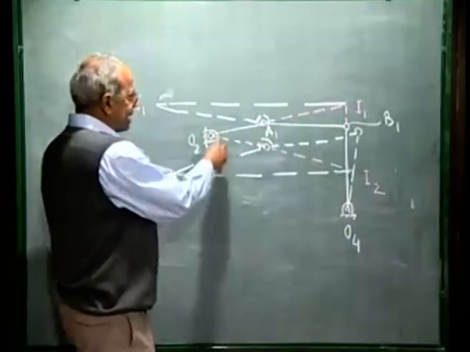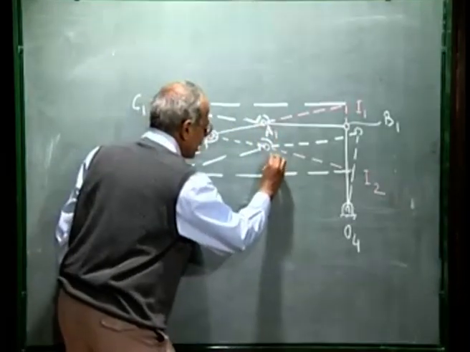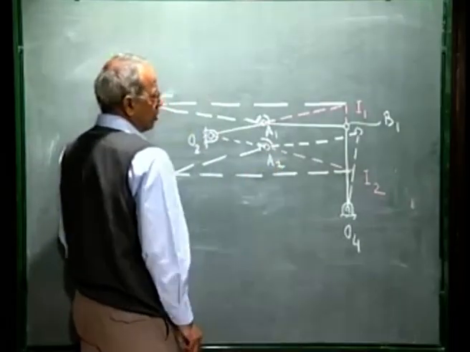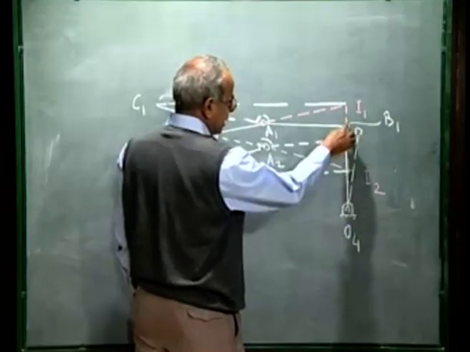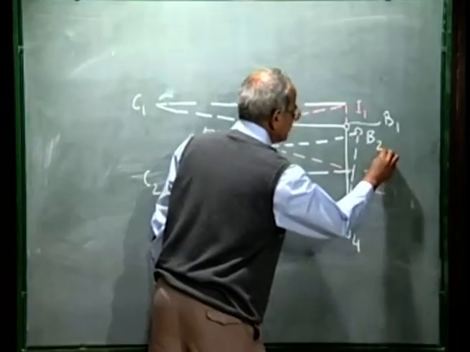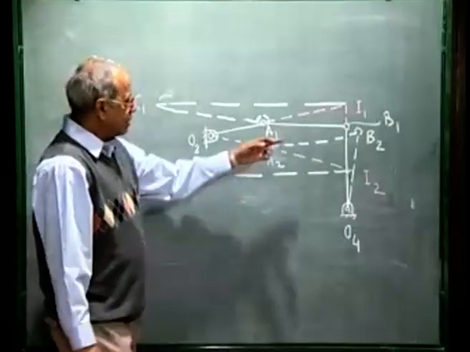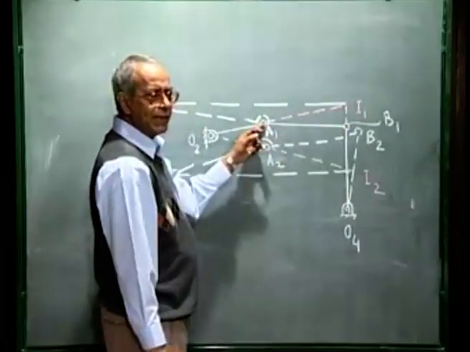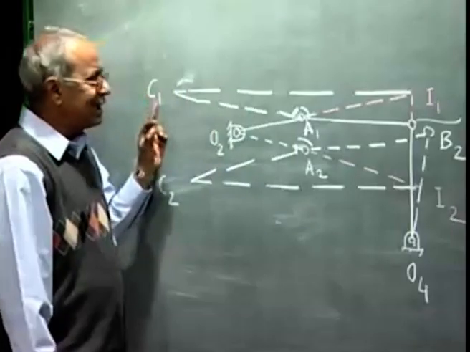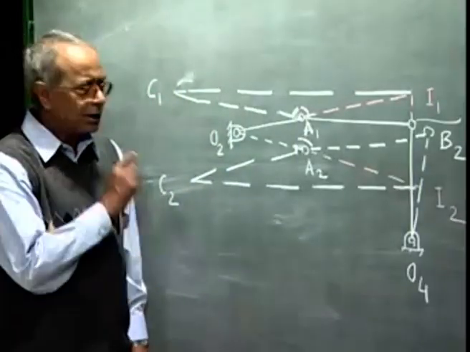I want that as this linkage moves from this O2A1 to say O2A2, when the fourth link moves from O4B1 to O4B2, I want to determine a point on the extension of this coupler AB such that that point C generates an approximate vertical straight line. The methodology is as follows.